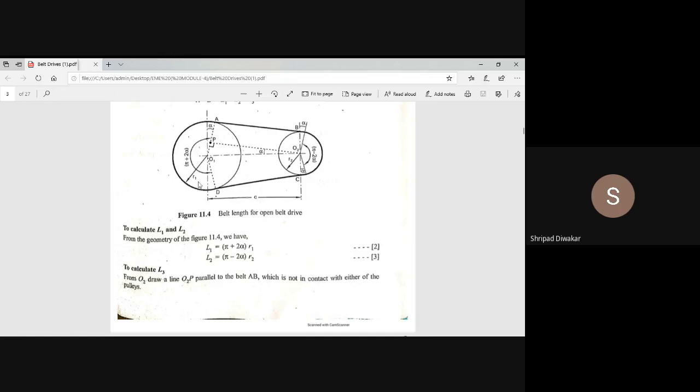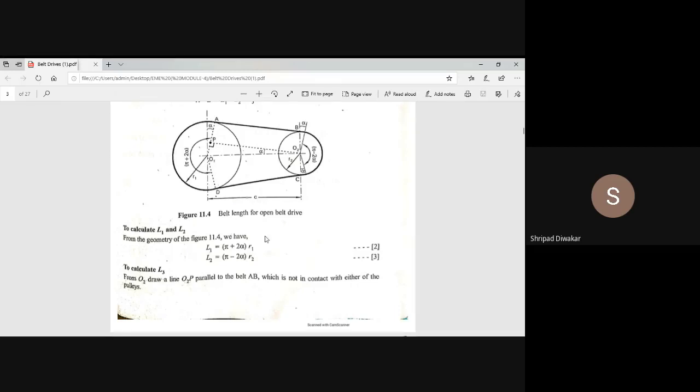You should remember pi plus 2 alpha in case of the driver pulley and pi minus 2 alpha in case of the driven pulley. So the length on the driver pulley is pi plus 2 alpha, whole multiplied by R1.